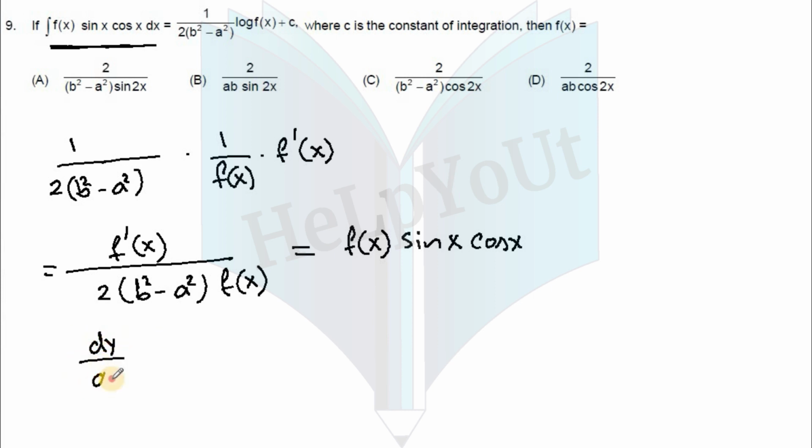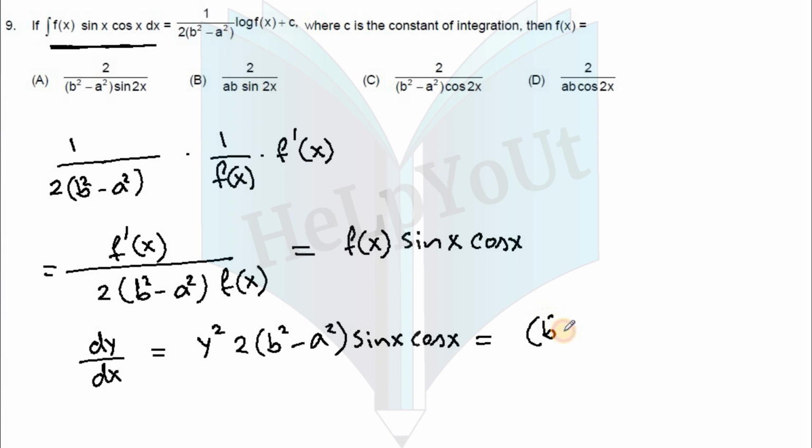So dy by dx equals, you will see why I wrote this thing, f x times f x is f square x, that is y square, and 2 times (b square minus a square) times sin x times cos x. And here we got 2 times sin x times cos x. We can write it as sin 2x. Writing this b square minus a square here, y square times sin 2x.